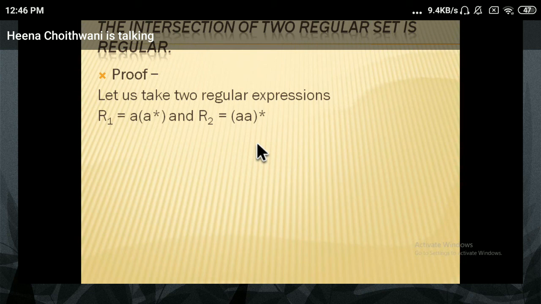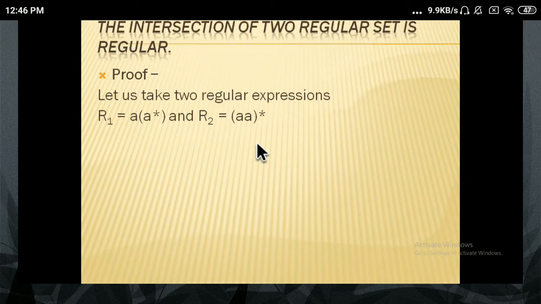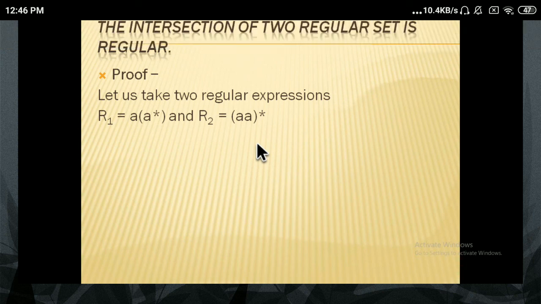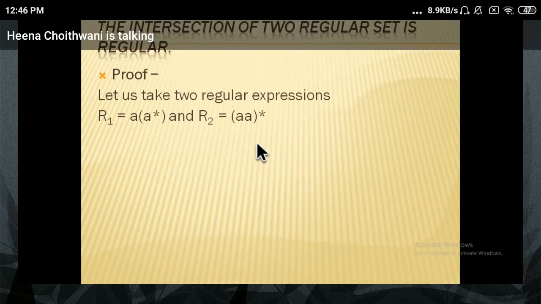Third string, triple A. What is R1 now? Can we write it is a star closure of A? No, we can't write that because we can't have epsilon in R1. Though we have epsilon in A star, when we merge that epsilon with A, it will become A. So that is a positive closure of A.